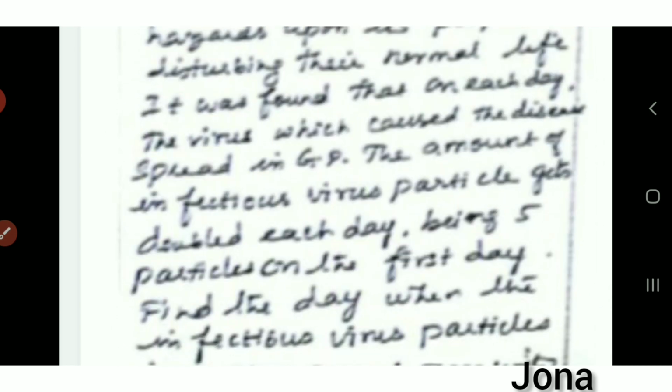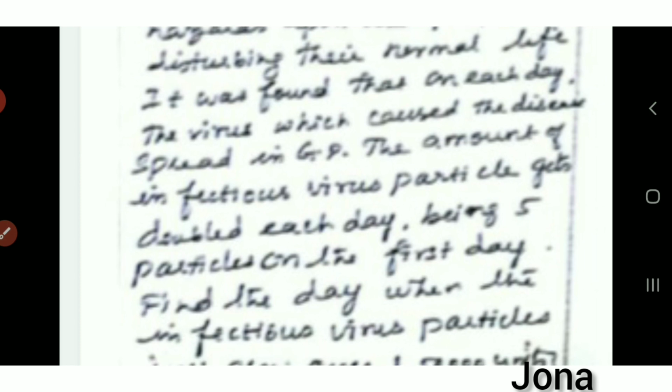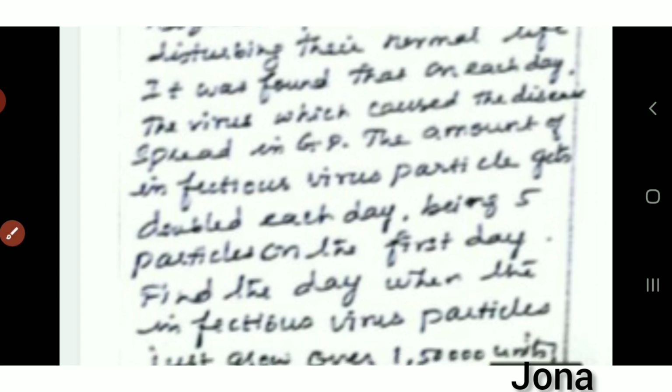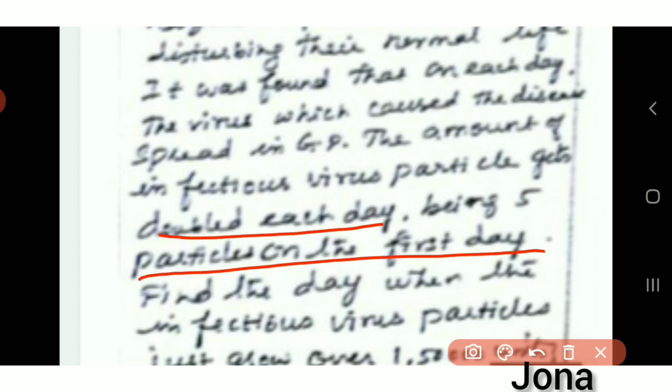Here, it doubles each and every day. The amount of infectious virus particles gets doubled each day. Here it is clearly given: doubled each day, being 5 particles on the first day.